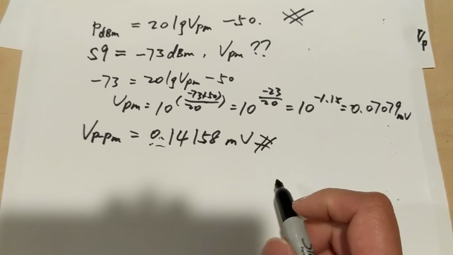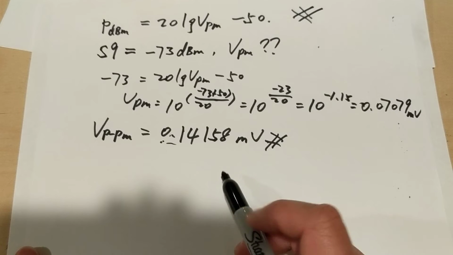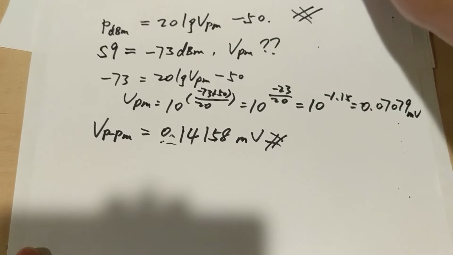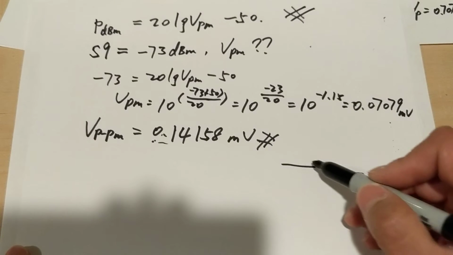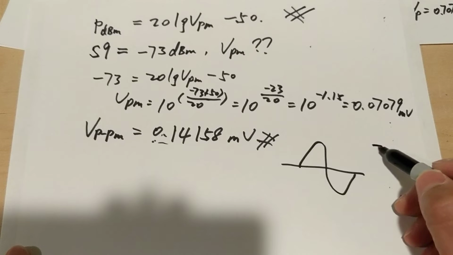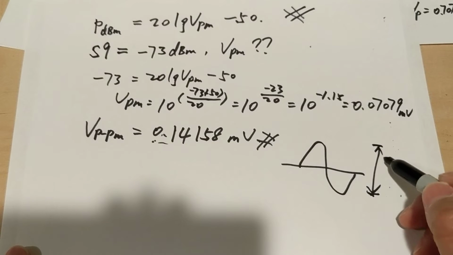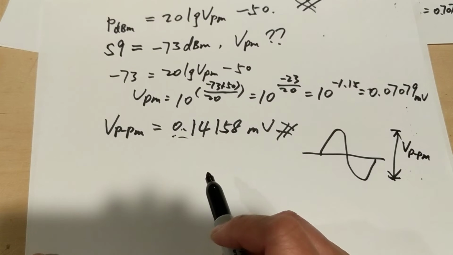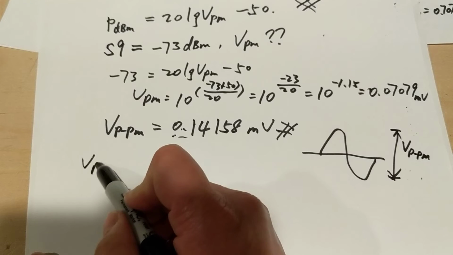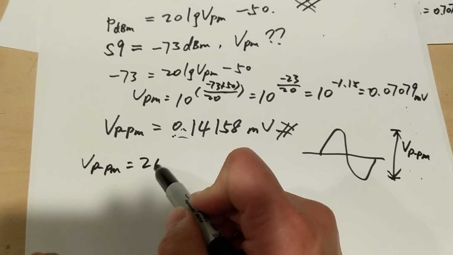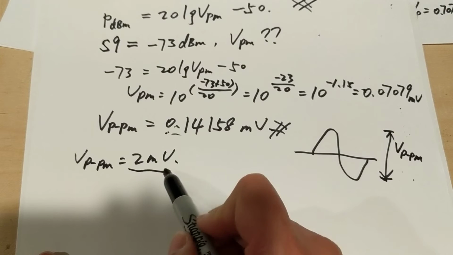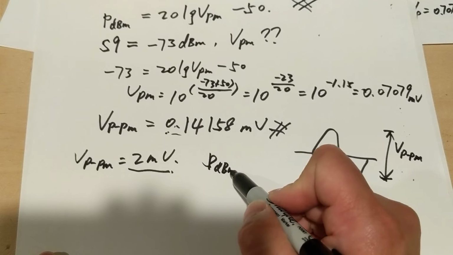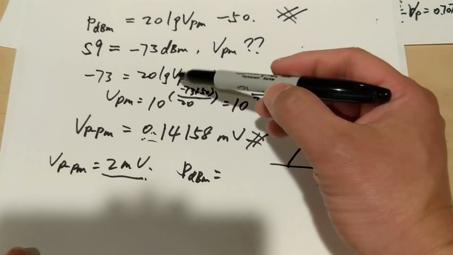Let's do some other calculations. My signal generator cannot generate this low a volume. Let's draw it here: this is V_p-p, and it's too low. The minimum I can do is 2. So if I shoot this one, how much P in dBm do I get? I put it into this equation.